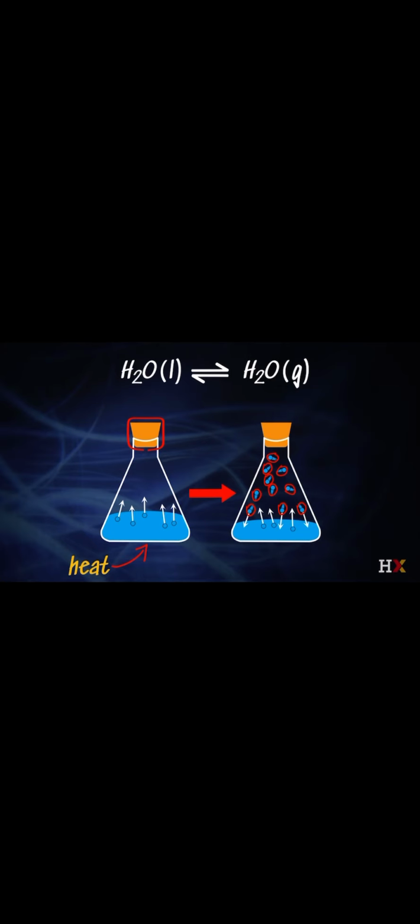But if we have a condition where we've closed off the vessel and we put heat into that mixture of water in the liquid phase and the gas phase, after we've warmed it to a certain temperature, we have a certain fraction of the water present in that sealed chamber in the gas phase and in the liquid phase. And that simply means that at that temperature, we're matching the number of water molecules jumping off the surface of the liquid with the number of gas phase molecules colliding with the surface and rejoining the liquid phase.